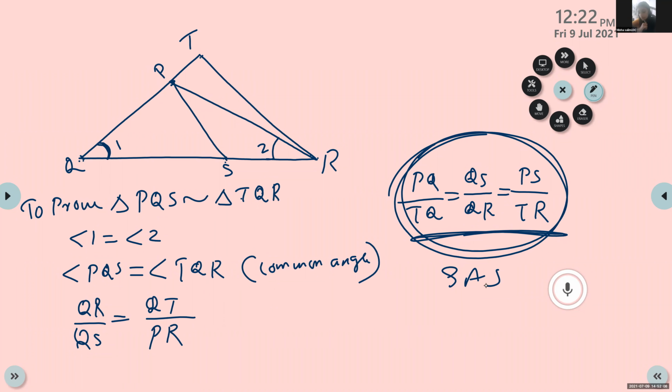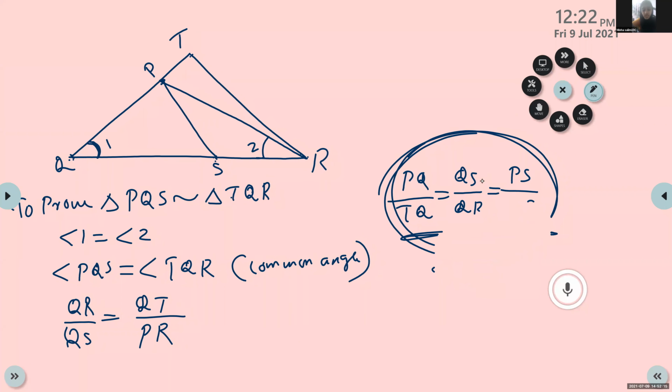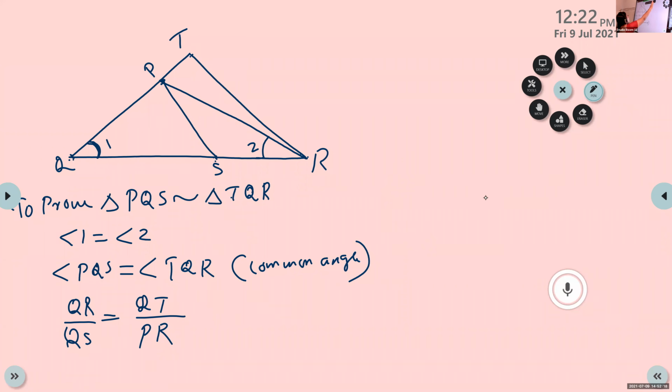Why and how? Opposite sides of the triangle PQR. In triangle PQR, angle 1 and angle 2 are equal.